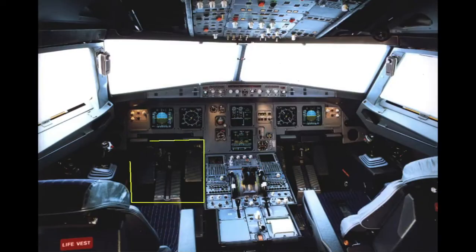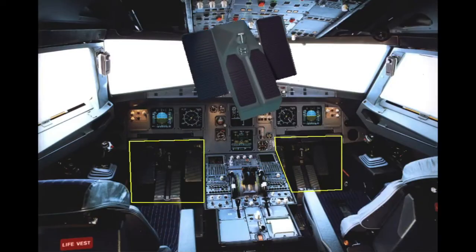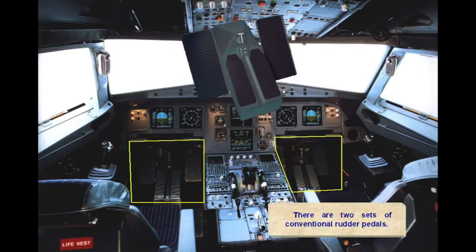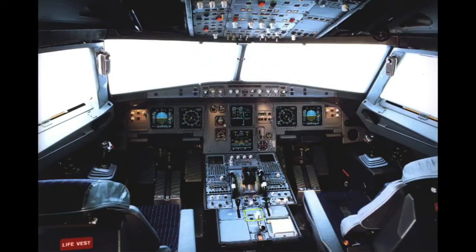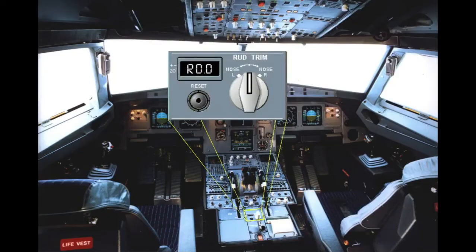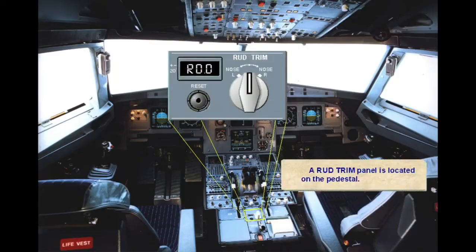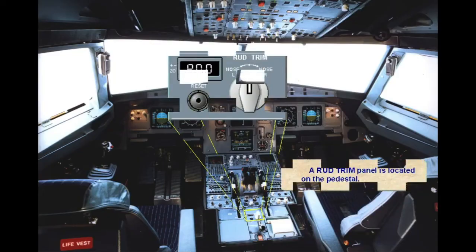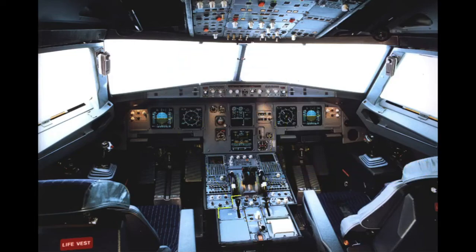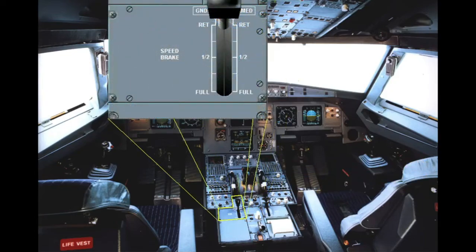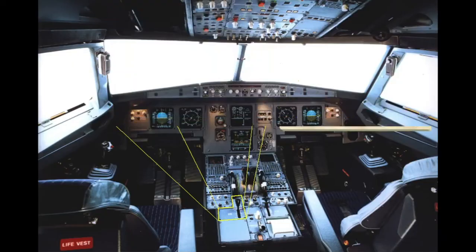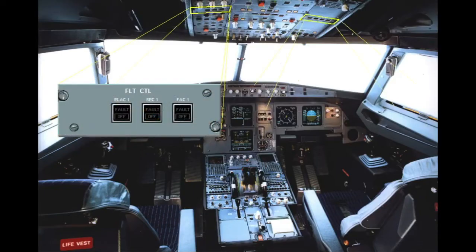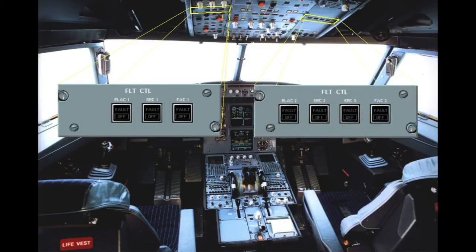There are 2 sets of conventional rudder pedals. A rudder trim panel is located on the pedestal. A speed brake lever is located on the left side of the pedestal. In addition, there are 2 panels located on the overhead panel to control the flight control computers.